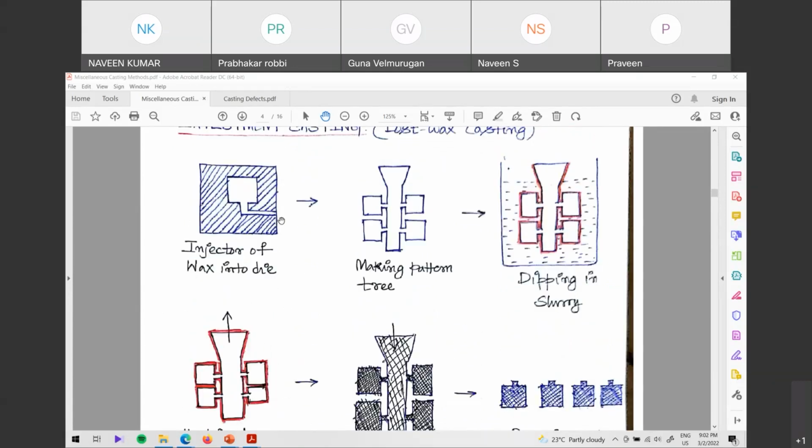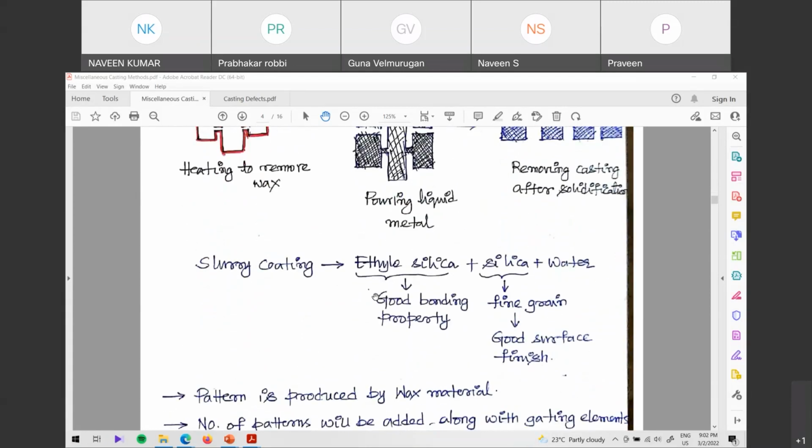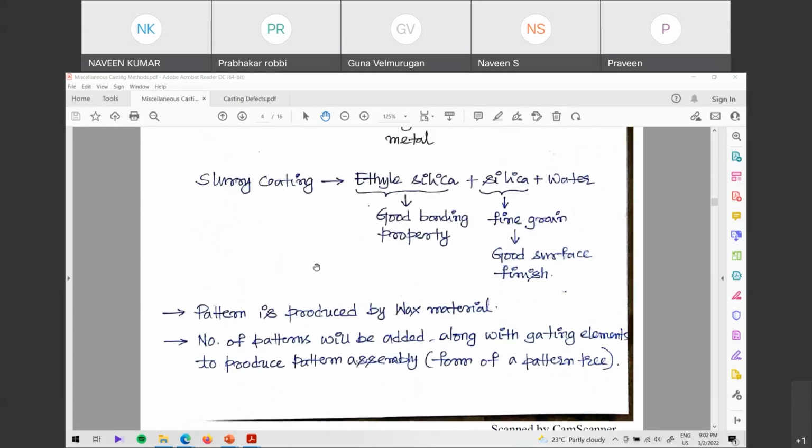What I feel is that because anyways we are pouring it here, we keep on pouring it until it is shrinking. For solid shrinkage, I think the allowances are put into the pattern itself, I guess. Yeah, fine. Good question. Fine.